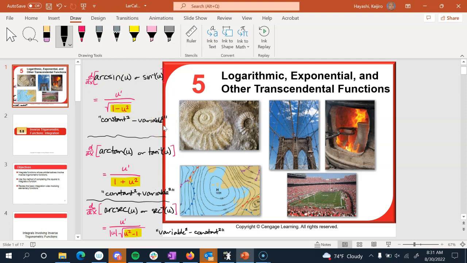So that's basically what we learned on Thursday. Oh, and a refresher of what an inverse trigonometric function actually is.